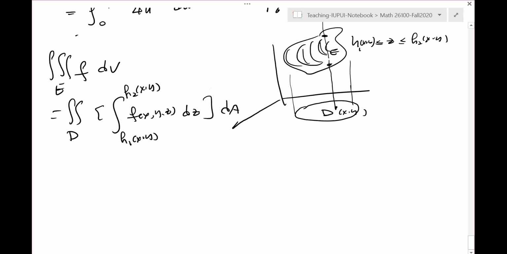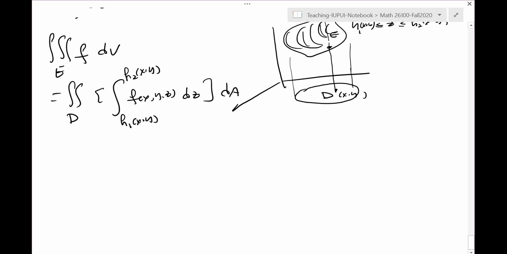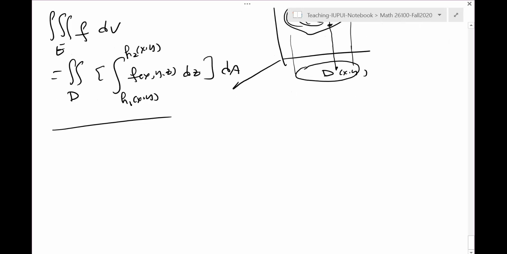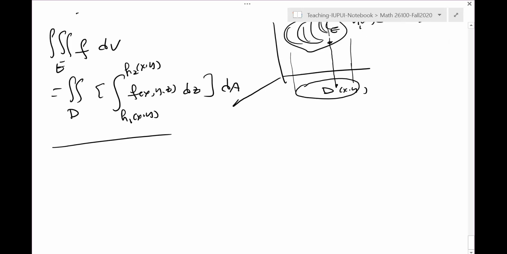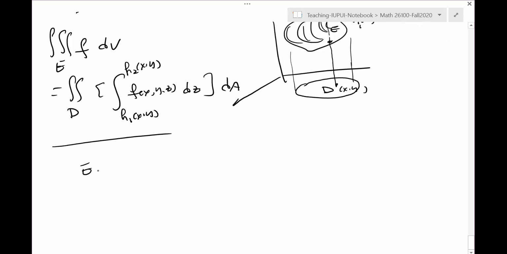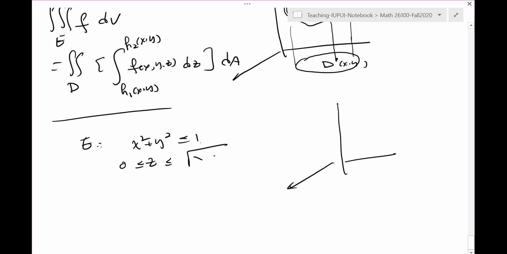In particular, if it is a disk, a typical example is region E. It's inside the cylinder x squared plus y squared less than or equal to 1, and z is between 0 and the square root of x squared plus y squared.